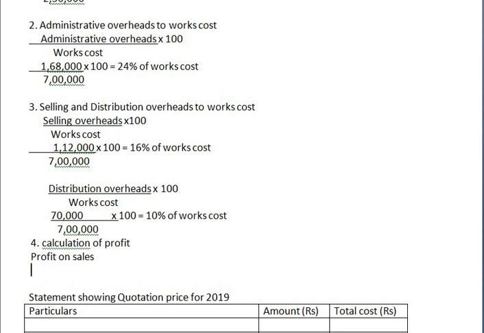So here you can write profit divided by sales into 100. Okay, so find out the percentage.